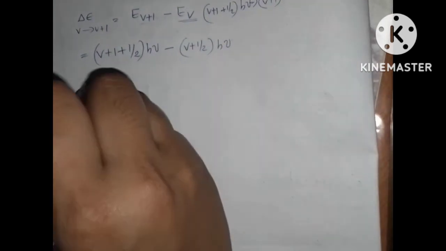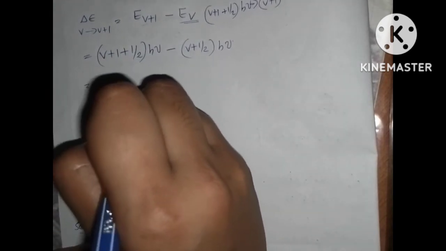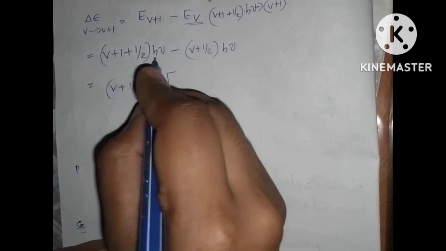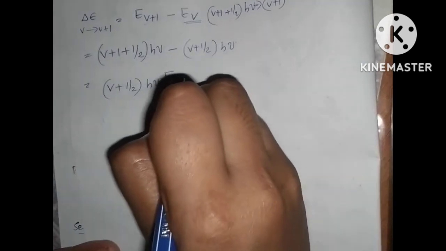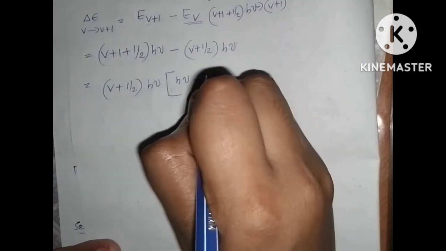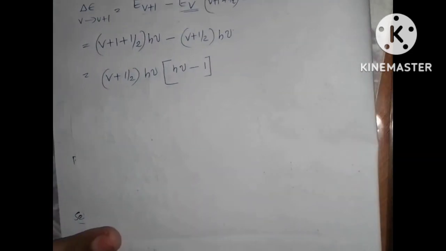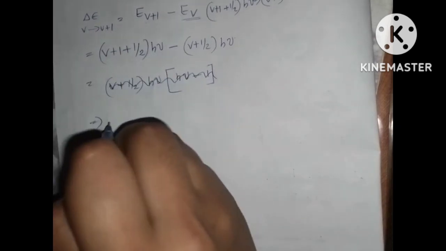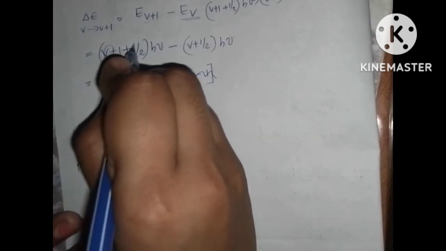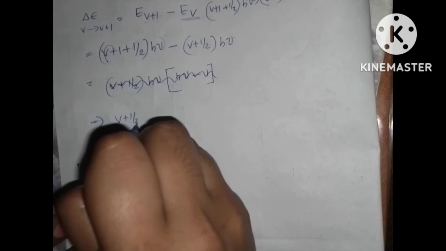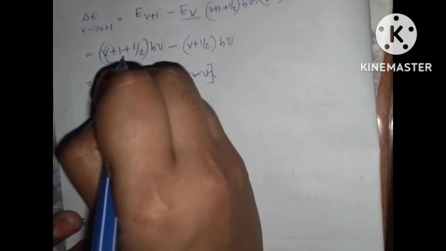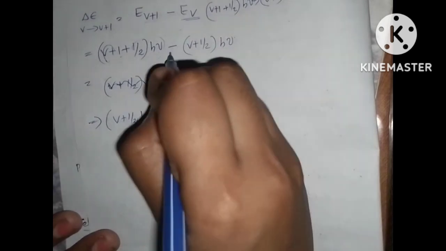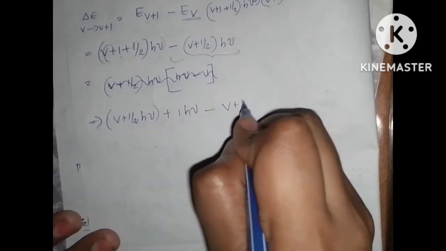What we can take outside, V plus half is common in both. Here it will remain 1 h nu, here 1. Not like that. So what we will do, we can take V plus half H nu as one factor, and there is 1 H nu: V plus half H nu plus 1 H nu, and this minus V plus half H nu.